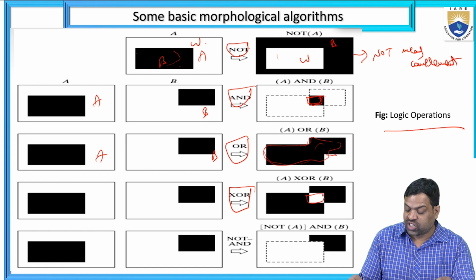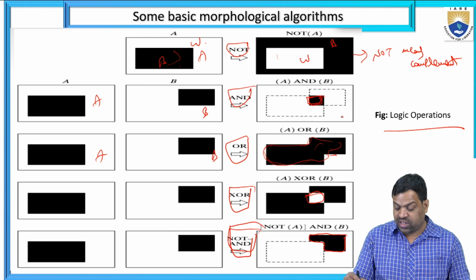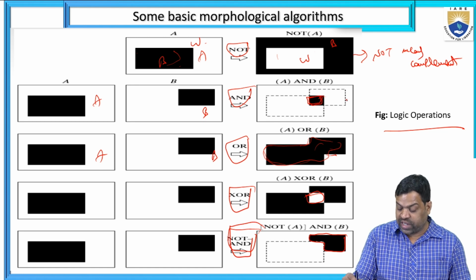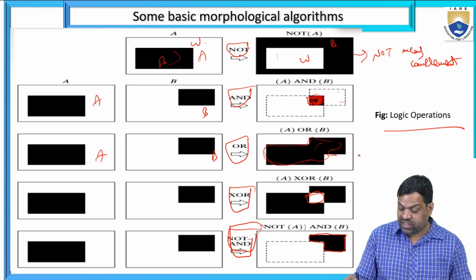NAND: only B is taken and the remaining A I take as white. It is NAND, exactly opposite. Here the background is white, here it is black and this one is white. Okay, NOT A.